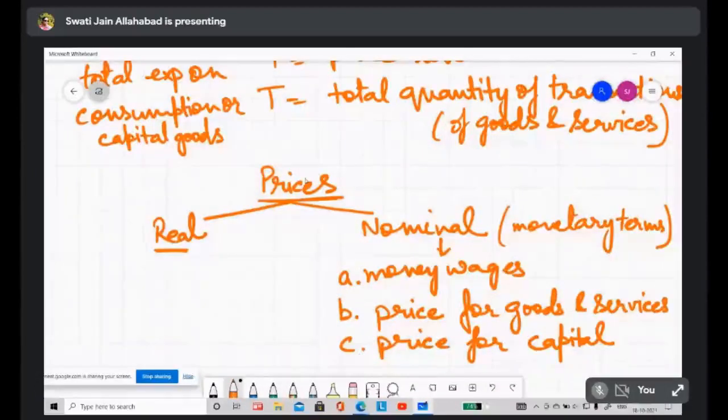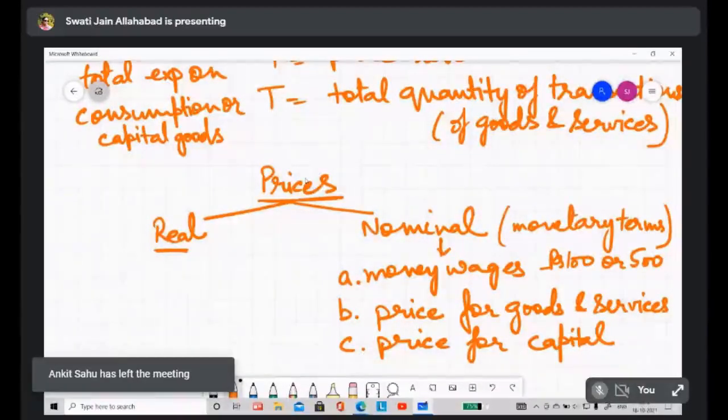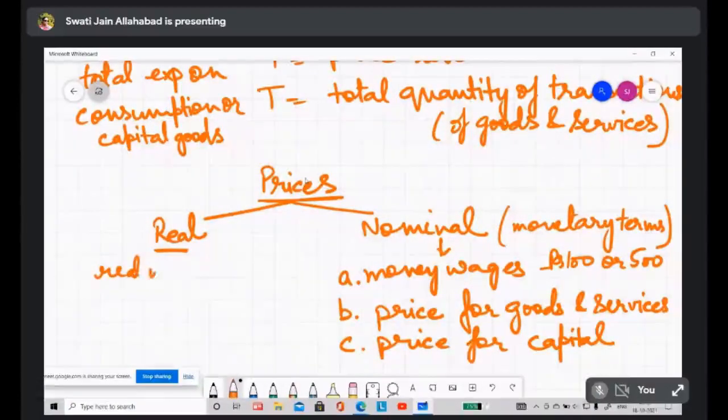Okay. So if you are talking about money wages, that is 100 rupees or 200 rupees or 500 rupees, then it is the money wages. But what is the actual capacity of this 100 rupees or 500 rupees, what it can purchase? Then it becomes real wages. Real is related to purchasing capacity.